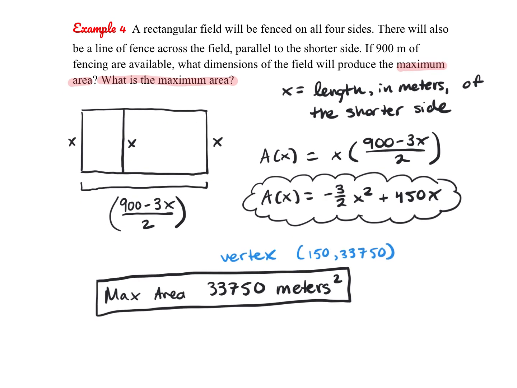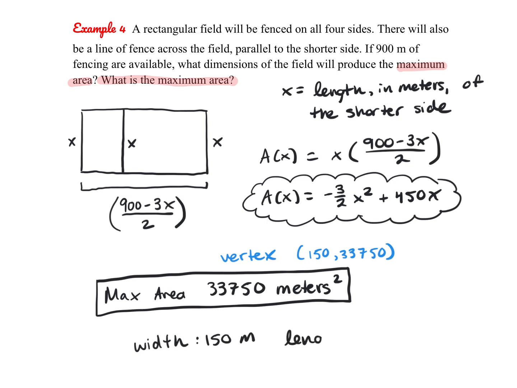And then if they want what dimensions produce that, well, we know that this is the optimal x value. So we know that that width should be 150 meters.